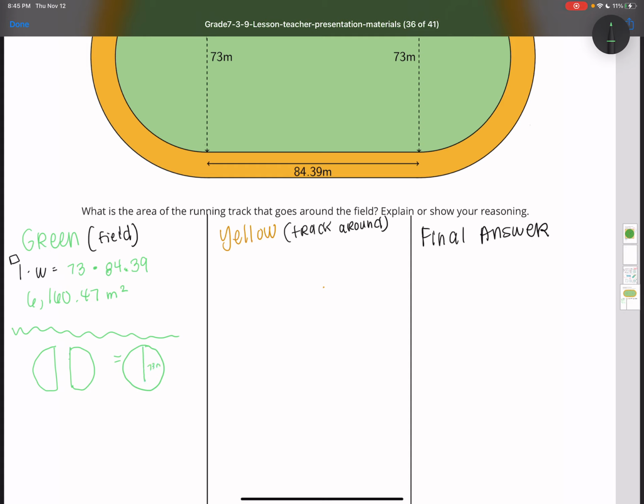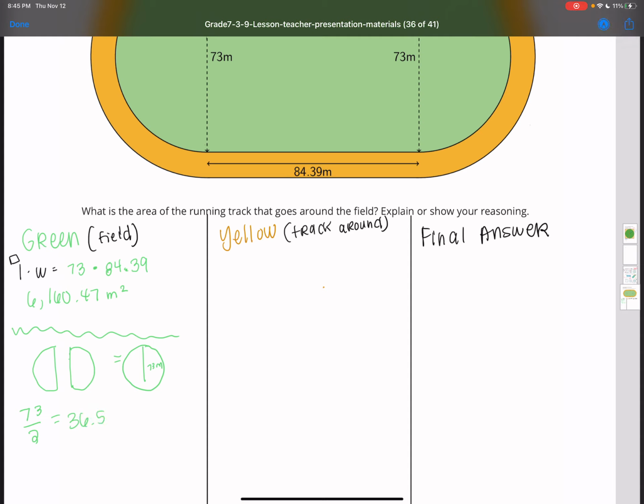That was the big debate in our Google Meet session today. So 73 meters is the diameter, but I need a radius. What can I do to find the radius if 73 is the diameter? If you guessed divide by 2, you are absolutely correct. So 73 divided by 2 is 36 5/10.